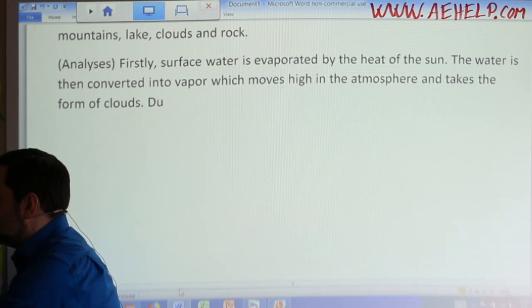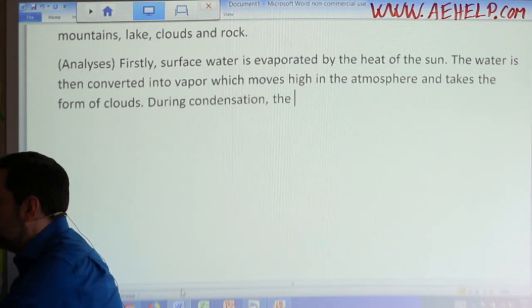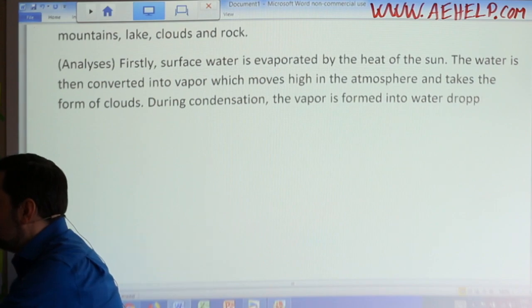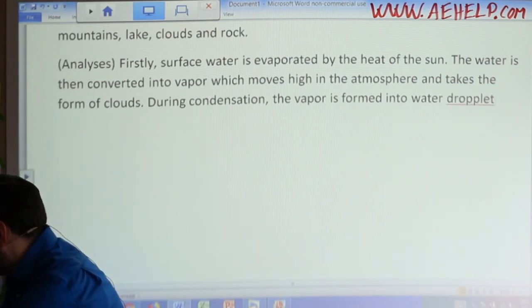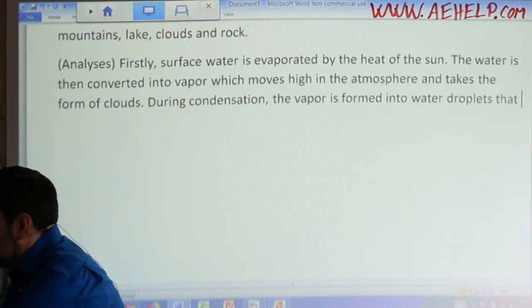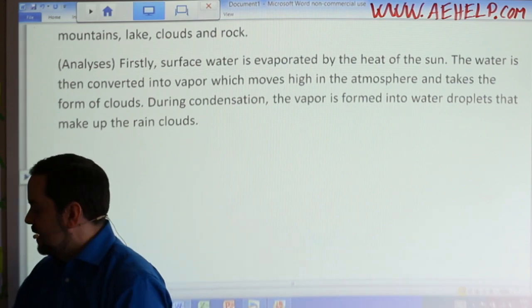So during condensation, the vapor is formed into water droplets that make up the rain clouds. Okay.